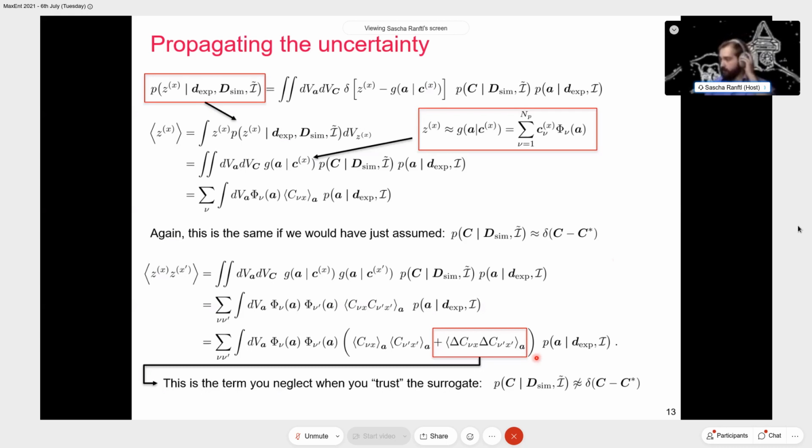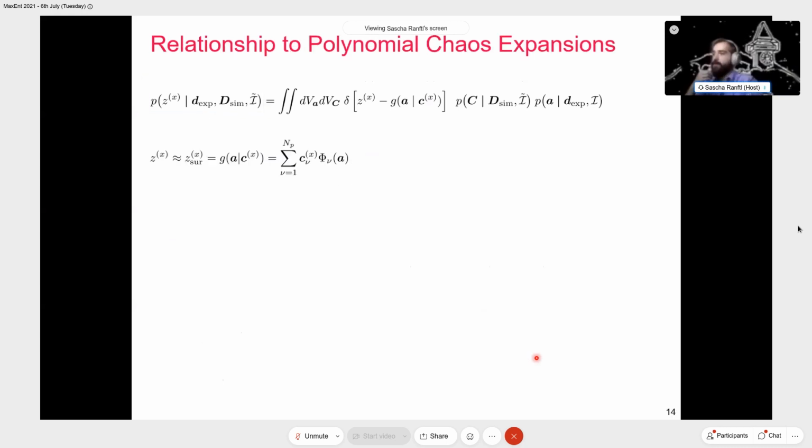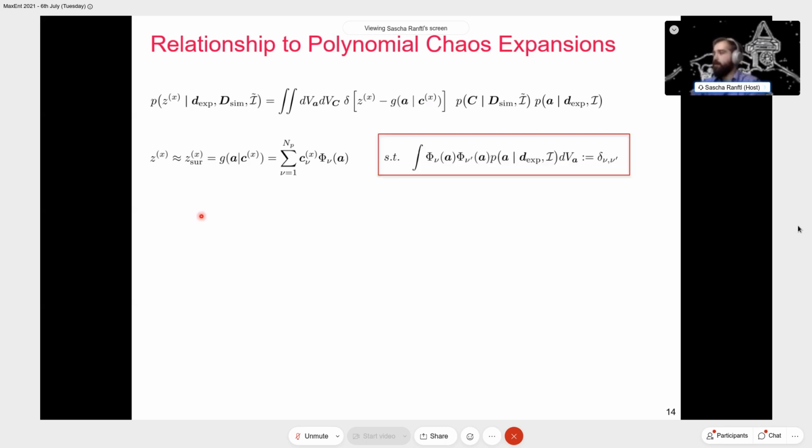Okay, so I have roughly 4 minutes, so I will go through this part very briefly. Polynomial chaos expansions might be familiar to some of you. This is a special case of this formalism, where we construct our basis functions phi such that they fulfill this particular orthonormality criterion.